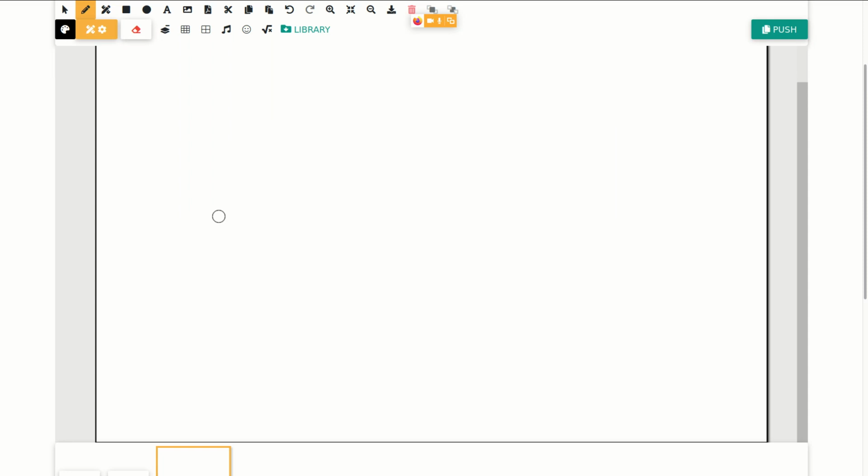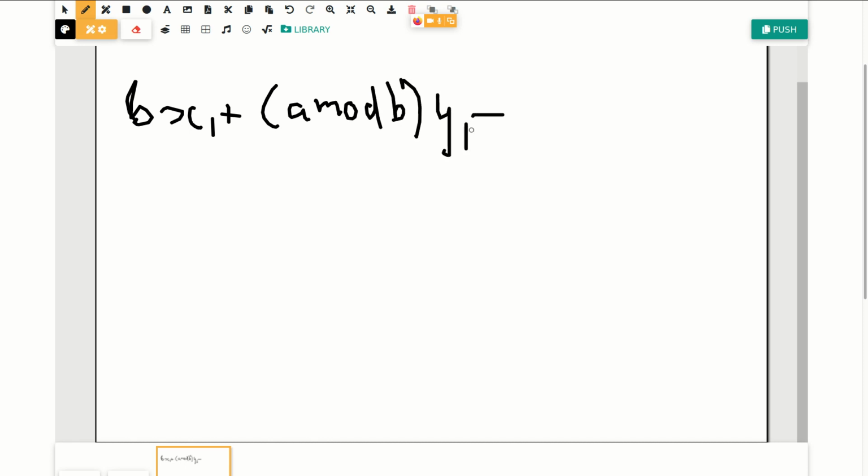Yeah, let's start. So we can initially write the equation as b x1 plus a mod b y1. This value is equal to g. Now this a mod b is really hindering us from doing things, so let's write this in a different way.